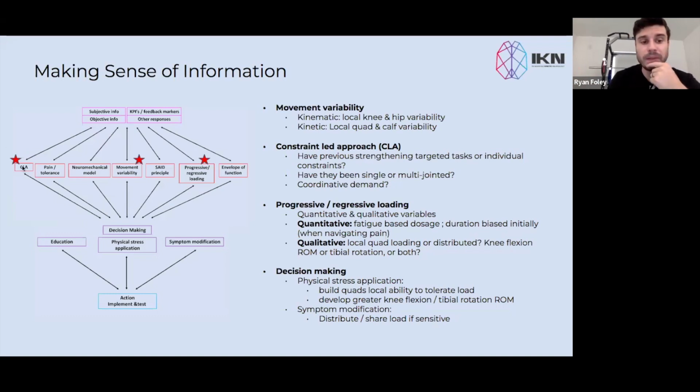We spoke briefly as to how we can use the constraint-led approach to make sense of how this client is strengthening their hips, their knee, their quads, and is it being specific enough relative to their history subjectively? Is it specific enough relative to their objective limitations that we identified as well?